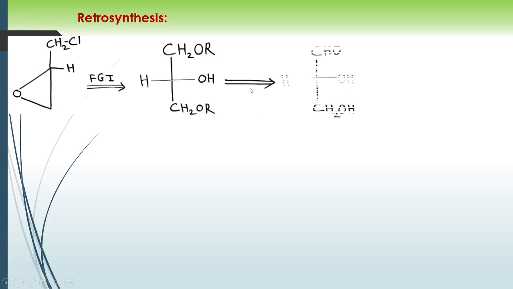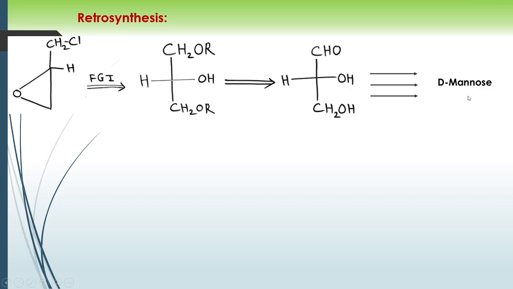In the next step we convert this into this aldehyde, and this aldehyde is converted into D-mannitol, and finally after D-mannitol we get D-mannose as our precursor. So for the synthesis of R and S-epichlorohydrin, our chiral precursor is D-mannose.